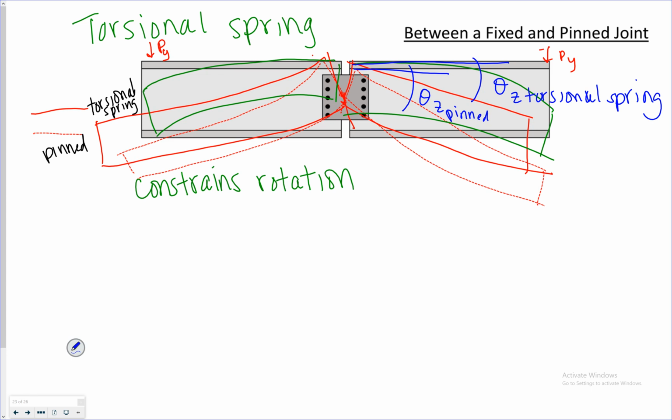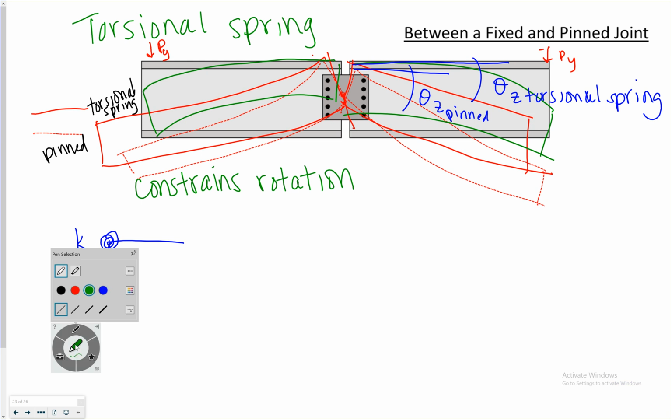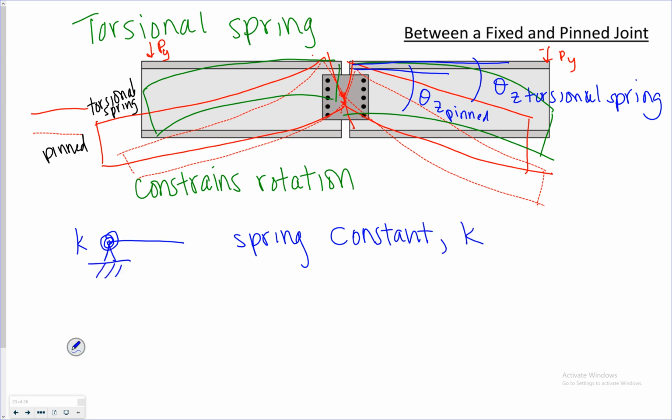And it's denoted often by a spring, right? We have a pin and then we add a spring onto it, and it has a K constant, which is the spring constant. Right, that spring constant is preventing the rotation.